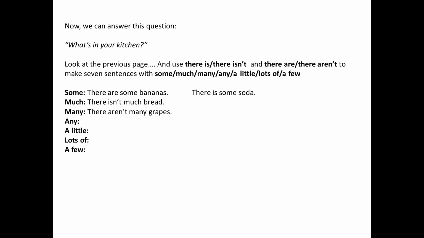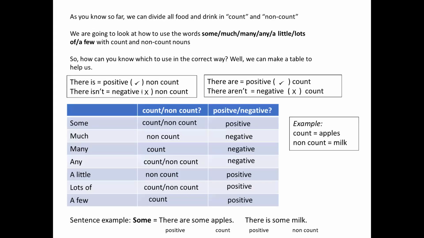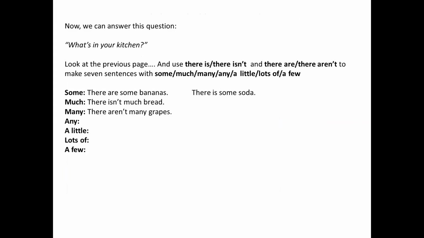Okay, guys, let's look at the answers. Any, looking at the blue chart, we can see that we can make 2 sentences, one count and one non-count. But they both must be negative, right? So any, there aren't any, count.